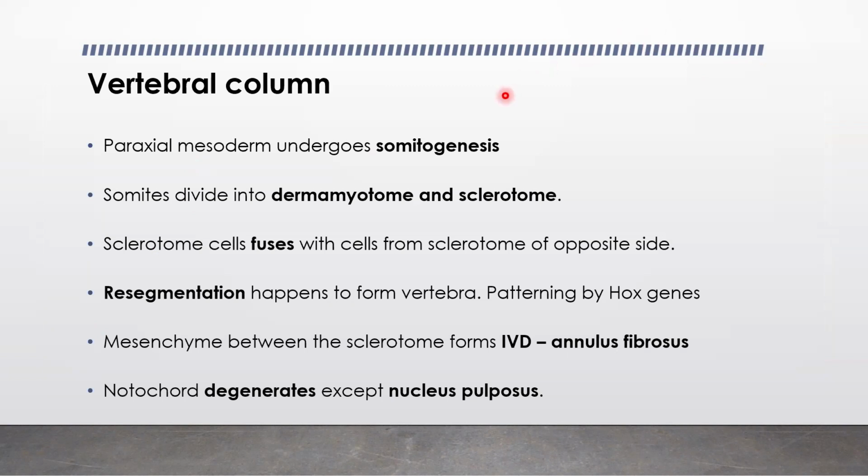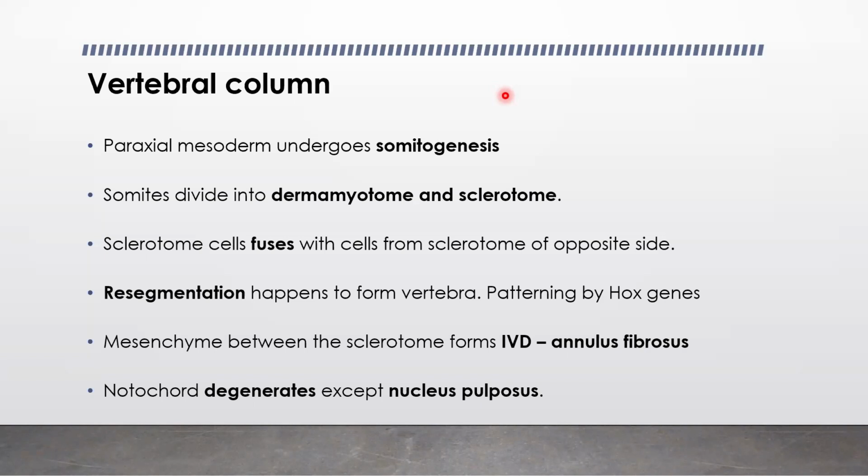Then the somites will divide into two, the dermomyotome and the sclerotome. The dermomyotome will divide into the dermatome and the myotome. The dermatome will give us the dermis, the myotome will give us the muscles. The sclerotome will give us the ribs and the vertebra, and also some portion of the chondrocranium, that is the occipital sclerotome.